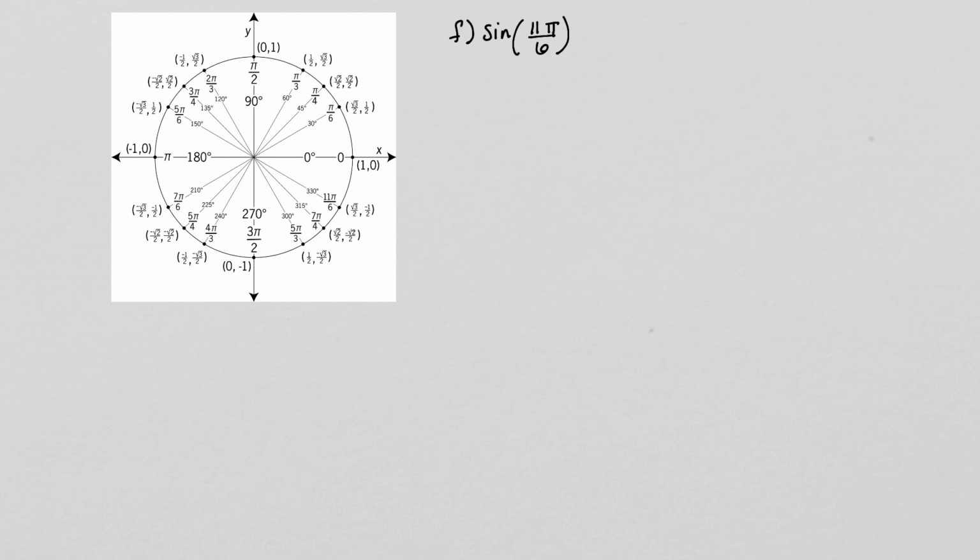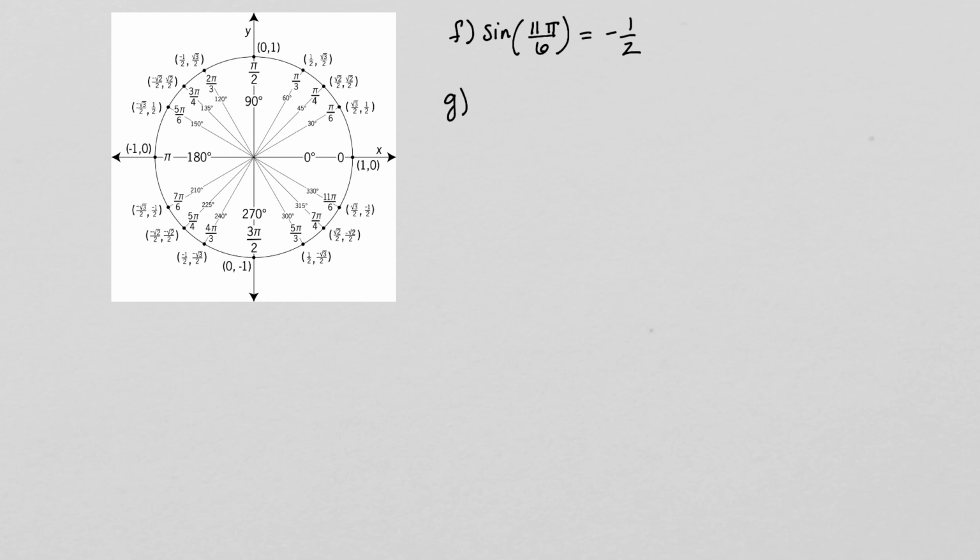So what do we think the sine of 11 pi over 6 is? Okay, so we have -1/2. Remember the sine is the y value. So I'm going to come here to the 11 pi over 6 spoke, and the y value is -1/2. So this is equal to -1/2.